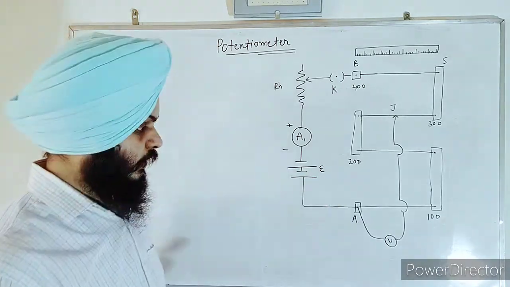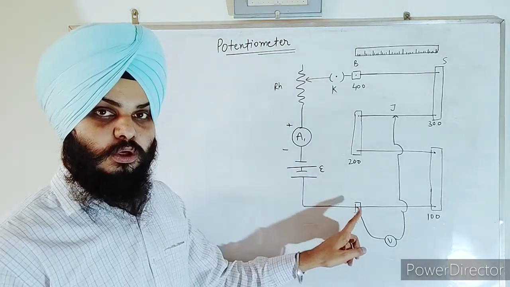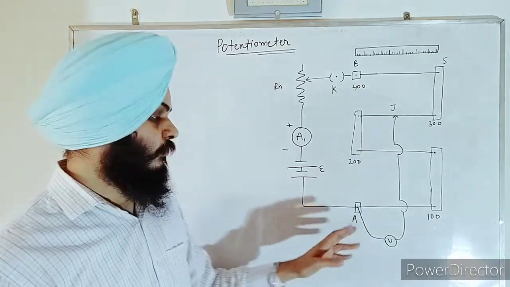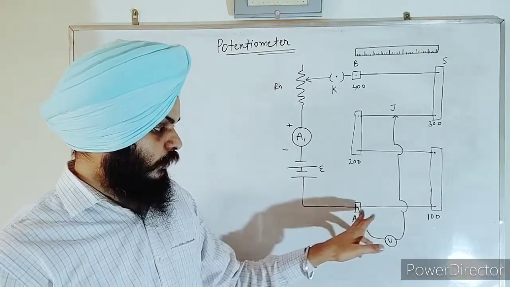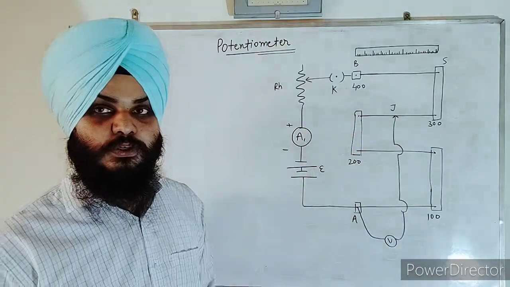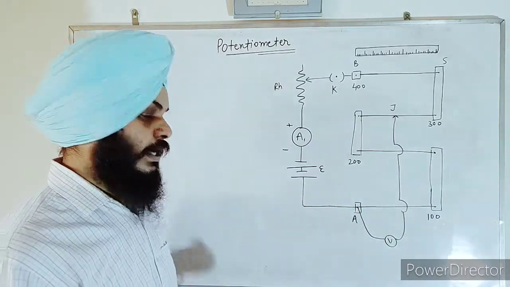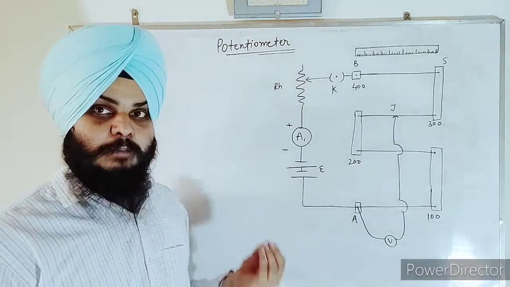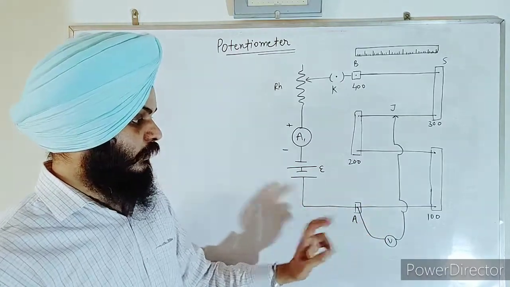If we take this point as the initial point where the whole potential difference of the battery is coming, then moving further to this or this or this, wherever we go, we assume a length of wire in the circuit, and as I explained earlier, there will be some potential difference across each part of the wire.